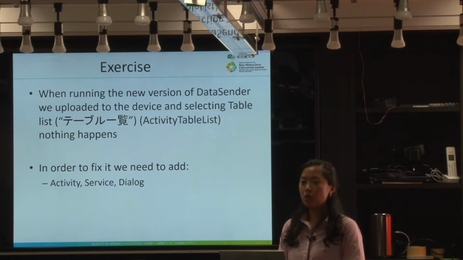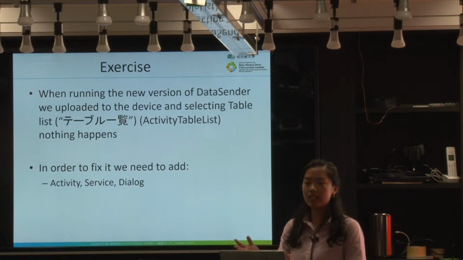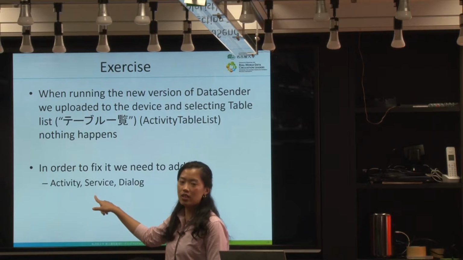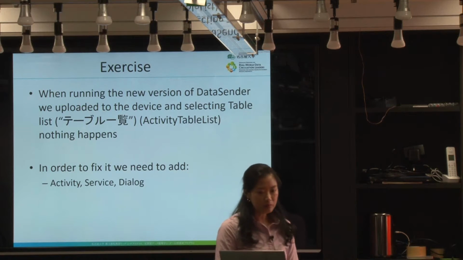So you need to add more information, or you have to add more code to the project file. In order to fix this, we need to add one activity, one service, and one dialog.